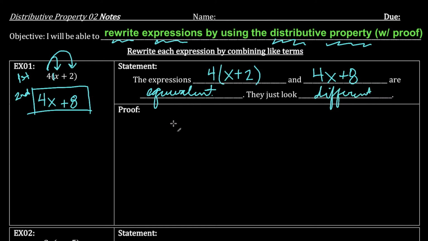So let's prove that. Let's make x equal to 3. I don't know why I like 3 so much. 4 times, I'm going to go ahead and put in parentheses to show that it was the x. Actually, what I'll do is I will go ahead and write the x first. So 4, it's going to look kind of weird with this double parenthesis.